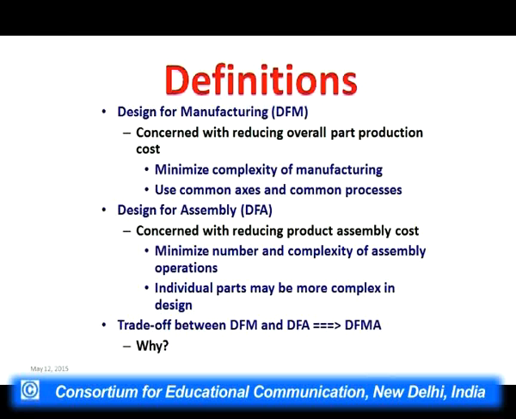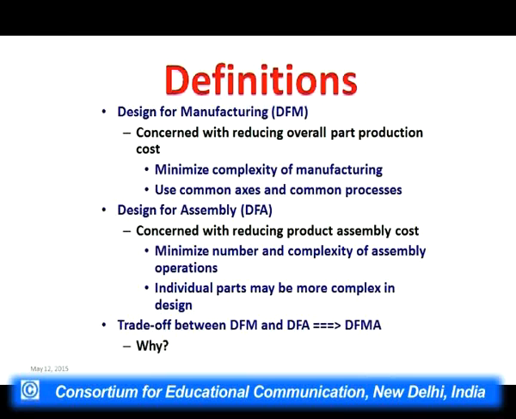It is concerned with reducing overall part production cost and minimizing complexity of manufacturing. We design the product in such a way that no complicated processes are used in its manufacture. Use common axes and common processes. There should not be tapering axes and a large number of axes used in manufacturing. We want a limited number of axes to be used to manufacture the product.